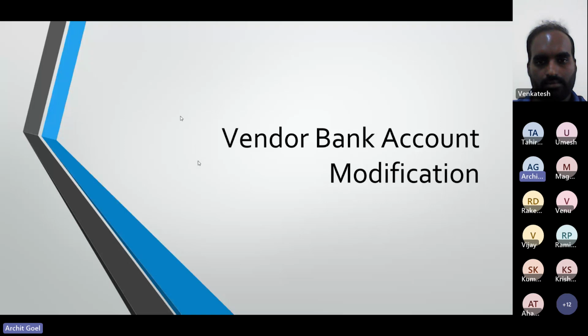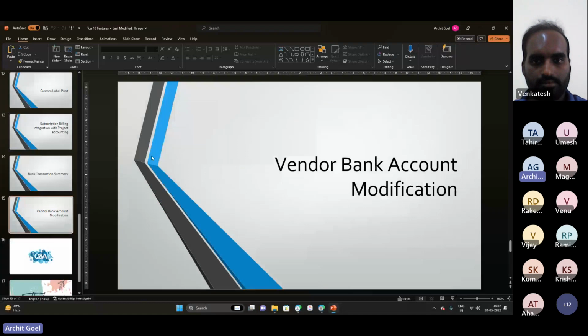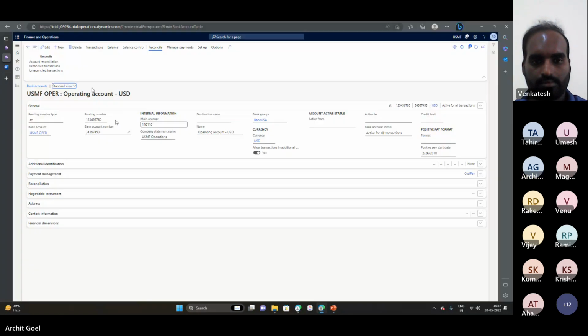These fields should be accurate when you are using the host to host payment option. So to cater to that, Microsoft has introduced vendor bank account modification in version 32 or 33. I don't remember the exact version, but in either of the versions it was available. Now let's see how it works in Dynamics.